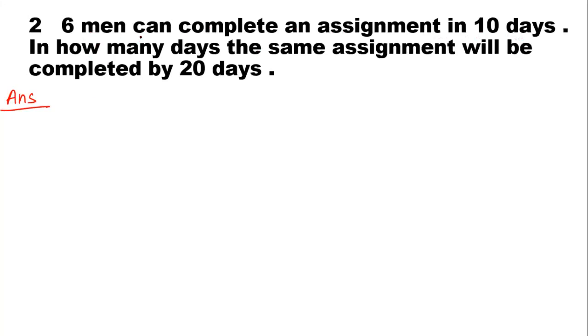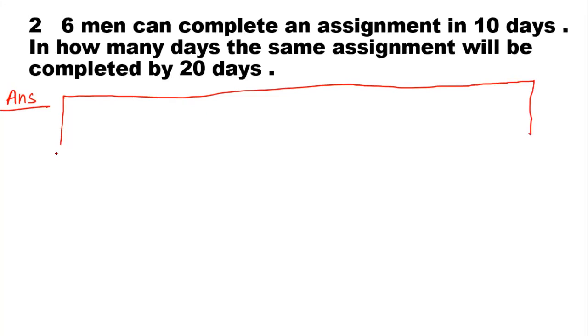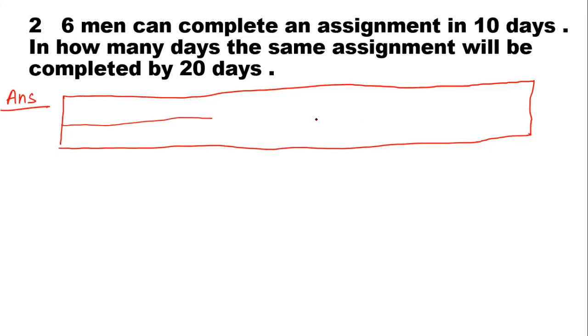First you have to identify the two variables given. So the variables are the number of men, and we have to draw a table like this and identify the variables.